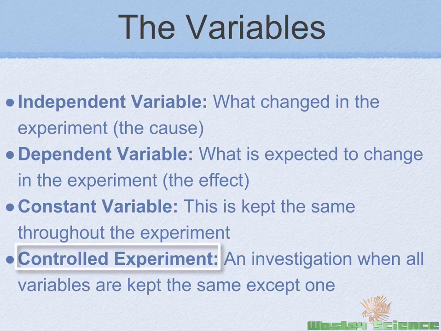If you are trying to change multiple things at once, your data is not going to be very reliable and you're not going to have a controlled experiment. So a controlled experiment is just a term that we use to describe the ideal lab situation. In other words, it's a good lab. A good lab is called a controlled experiment.